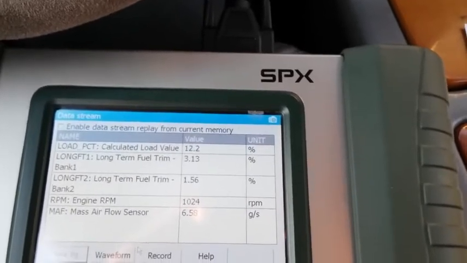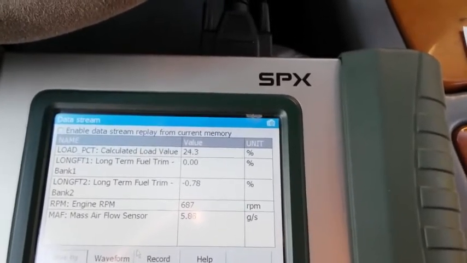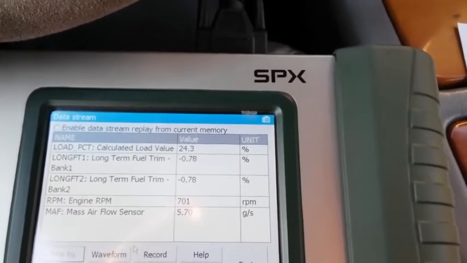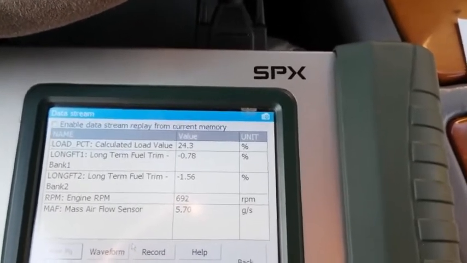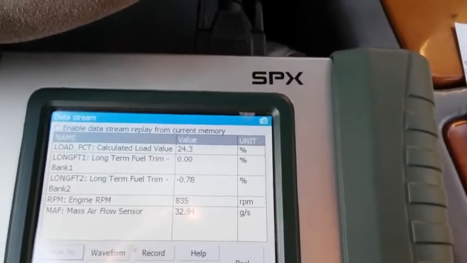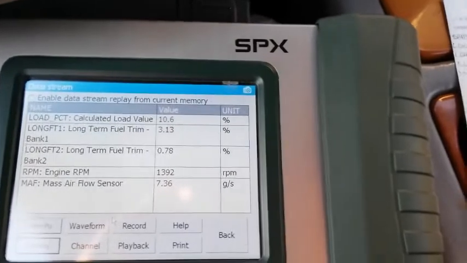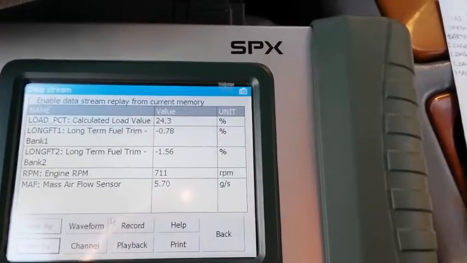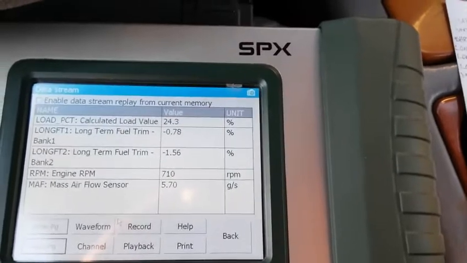It just has a slight hesitation. But our mass airflow sensor grams per second does show within spec. So the next thing I'm going to do, guys, is a visual inspection on the mass airflow sensor and see if it's dirty or not.